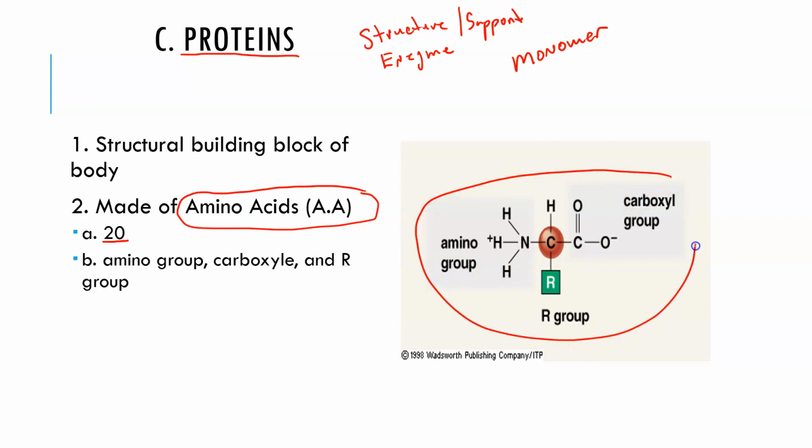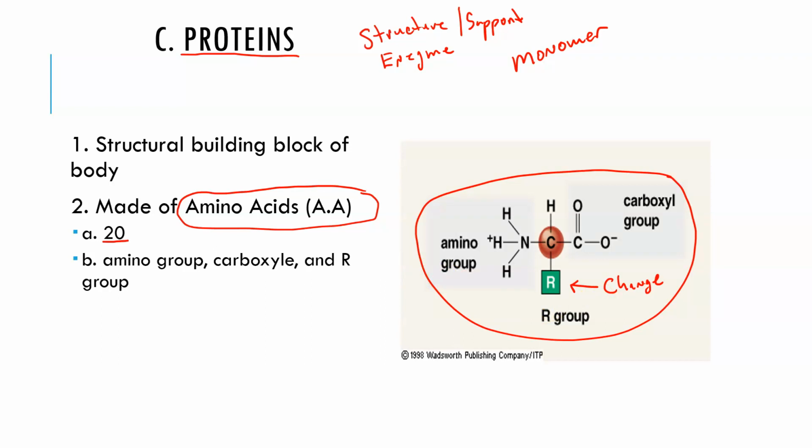The way that you get different amino acids is by taking this little R group right here, which is where you change out this part of the chemical, and then you put in a different R group here, and then you get a different amino acid. If you do that in 20 different variations, you can get 20 different types of amino acids. So that is, again, the protein molecule.